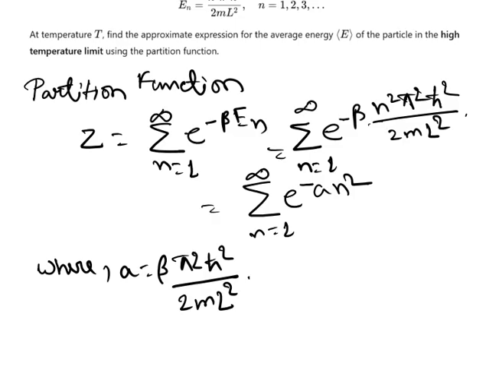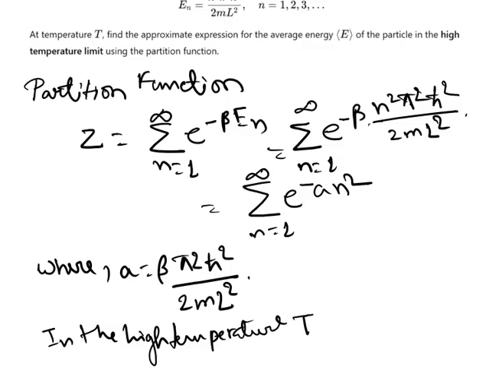So in the high temperature limit, T tends to infinity, which implies β tends to 0, which also implies a tends to 0.